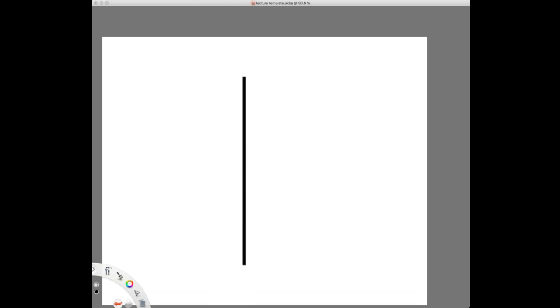There's my pole. And on the pole, we are going to tie a rope, and we're going to have a ball at the end of the rope.